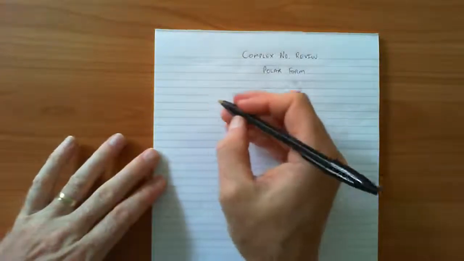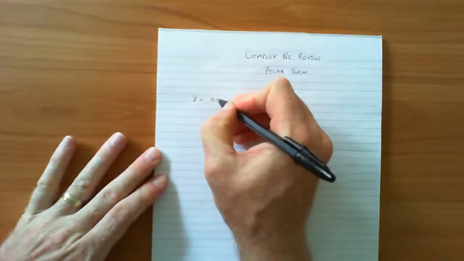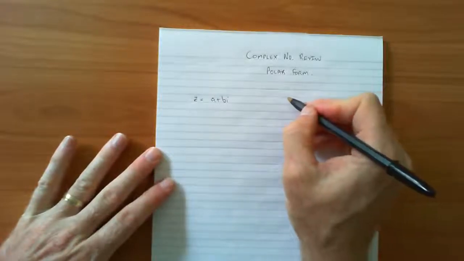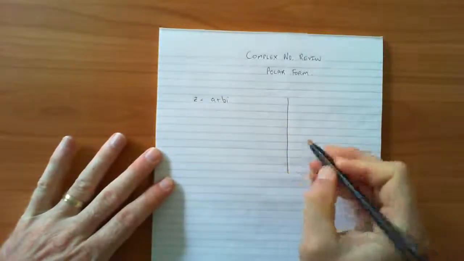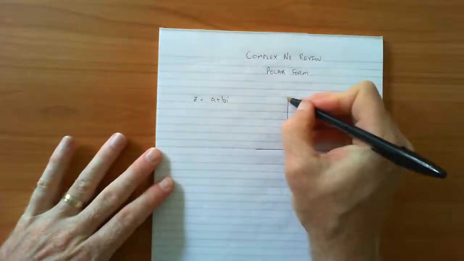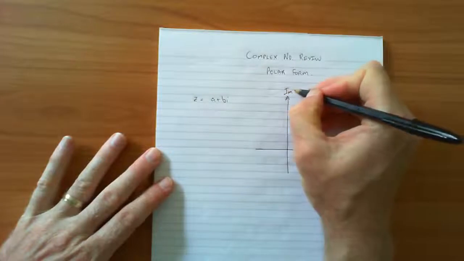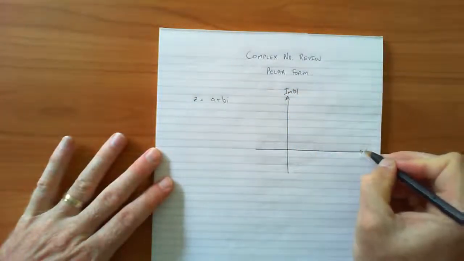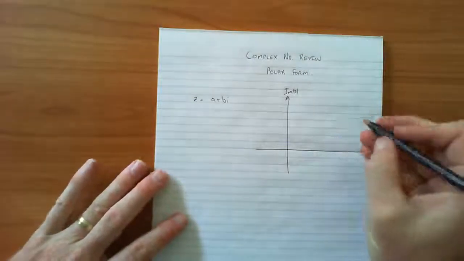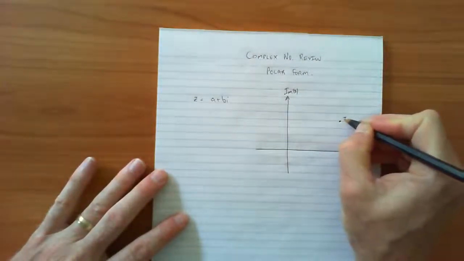So just recapping, in standard form we know that z equals a plus bi was the standard form of a complex number. Now I'm going to be using a diagram here. I'm going to try and draw a reasonably large one. Remember that on the Argand plane, this is called the imaginary axis, this is called the real axis. Now I might have a particular complex number z plotted here.